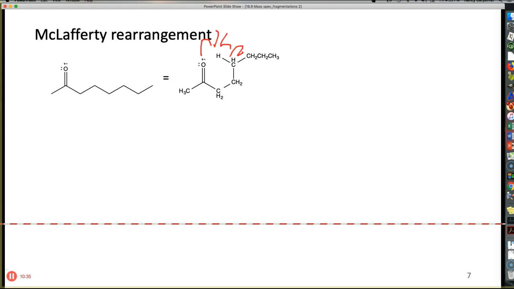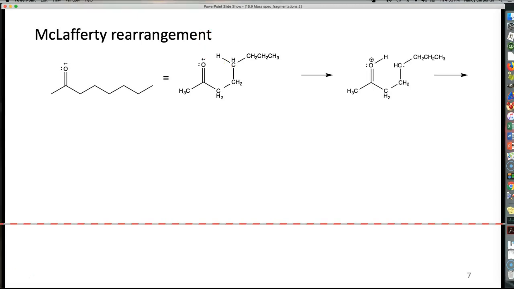And that's just a terrible job showing that happening. Let's try that again. Here we go. Plucking off that hydrogen and putting the odd electron on that carbon. So that's the mechanism. That's the electron pushing. What we've essentially done is protonated our carbonyl and put the radical right there on that carbon.